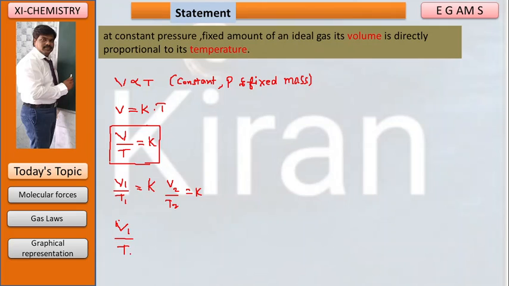V1 by T1 is equal to V2 by T2. So two equations we have got in Charles law.